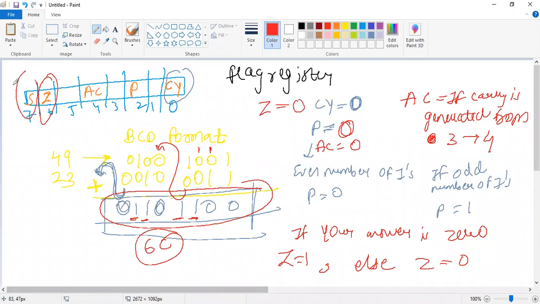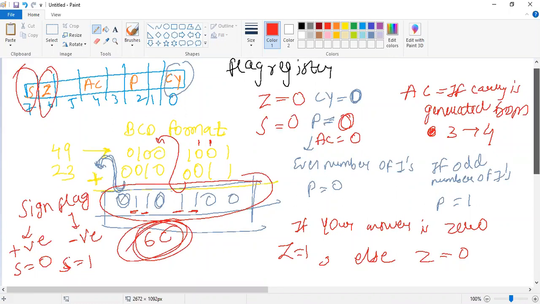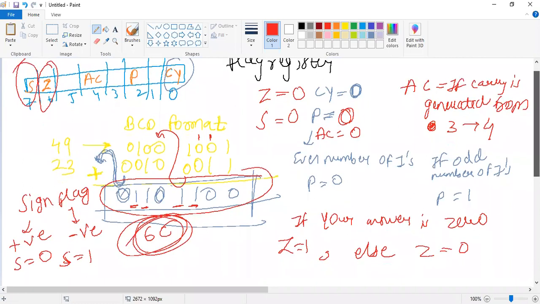Now sign flag. Sign flag says if the answer is positive, then sign flag will be 0. If the answer is negative, then sign flag will be 1. Our answer is positive only, so sign will be 0.